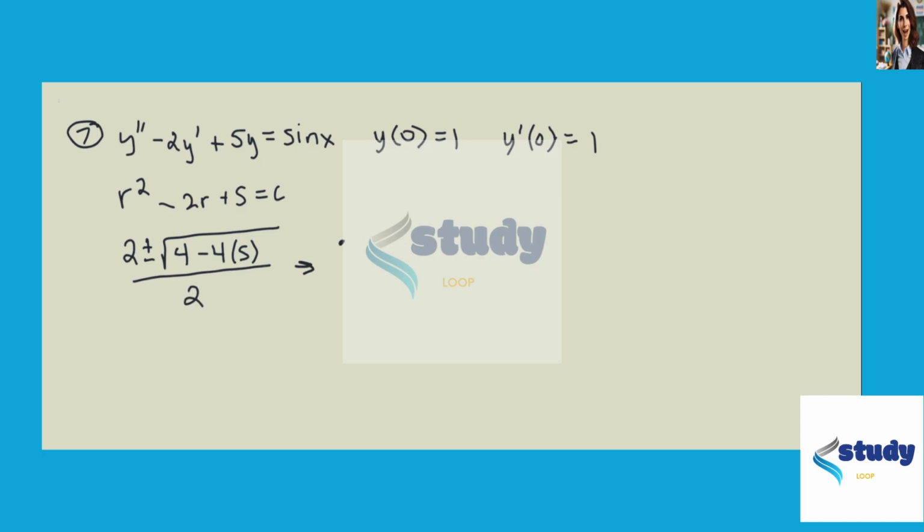So I have 2 plus or minus the square root of negative 16 over 2, which becomes 2 plus or minus 4i over 2, which becomes 1 plus or minus 2i.